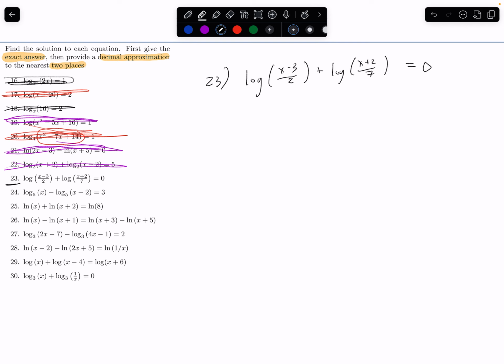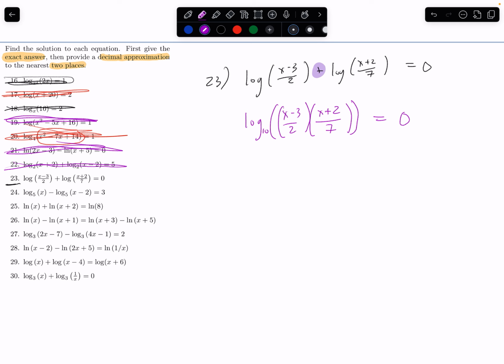Okay, and as usual, we're going to combine into one single log. We got a plus in between. Oh, I like that purple. We got a plus in between, so to combine them, I'm going to multiply. I'm going to get log of (x minus 3) over 2. I said 2 and I wrote 3. That must infuriate you that you're watching.